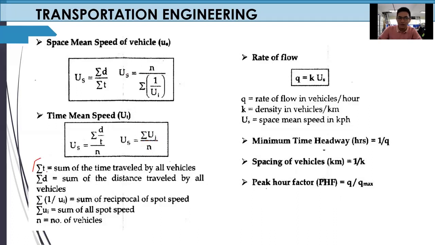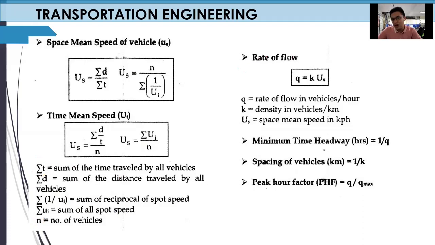So yung summation of T natin is sum of the time traveled by all vehicles. We have summation of D, sum of the distance traveled by all vehicles. Then we have our summation of 1 over Ui, sum of reciprocal of spot speed. Then summation of Ui natin would be our spot speed na summation. And then last one is yung N, which is number of vehicles.